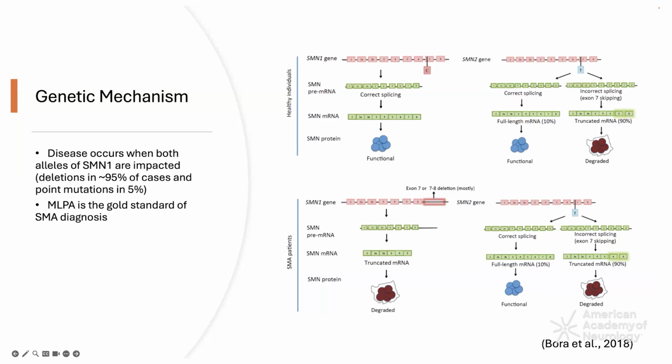SMN1 loss occurs due to either deletion or conversion to the SMN2 protein, which is the homolog of SMN1. And SMN2, shown here, has nearly the identical sequence, except for 5 nucleotides, which do not have an effect on the amino acid sequence of the encoded SMN protein.